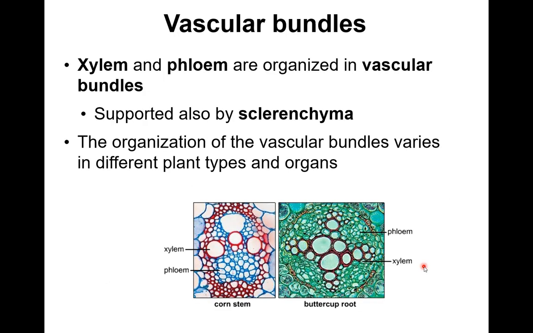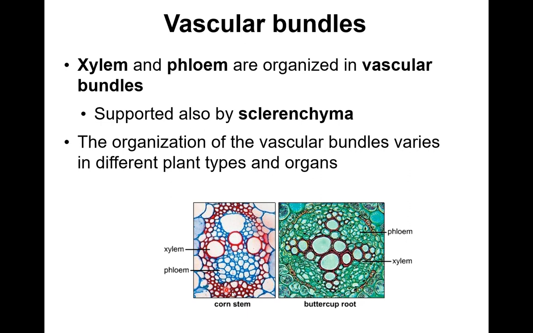Now, both phloem and xylem do not work separately, but they work together in combination referred to as vascular bundles. Vascular bundles can have different properties in different types of plants, but they are always supported by an additional tissue, the ground tissue referred to as sclerenchyma, which we mentioned before, which is this type of tissue around here with a secondary cell wall, which strengthens overall the vascular bundles.